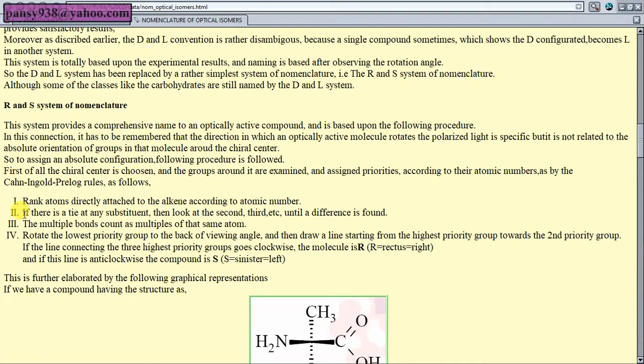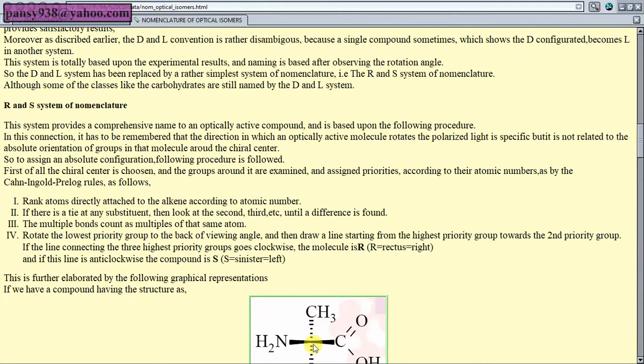The second rule is, if there is a tie at any substituent, then look at the second, third, or fourth until a difference is found. There may be atoms with the same atomic number. If such is the case, then for their priority, look for the second substituent attached to that carbon.